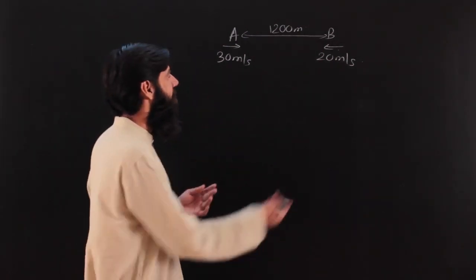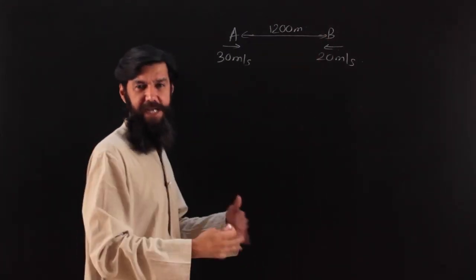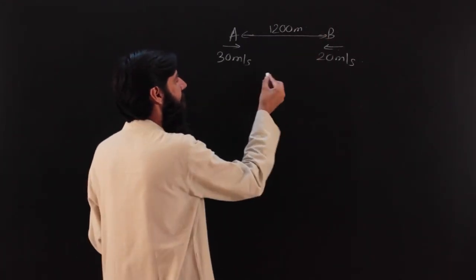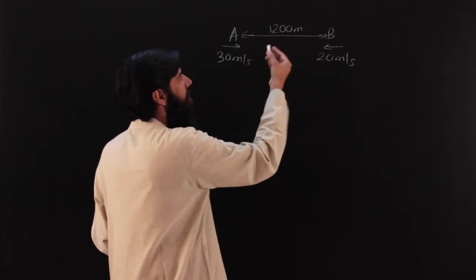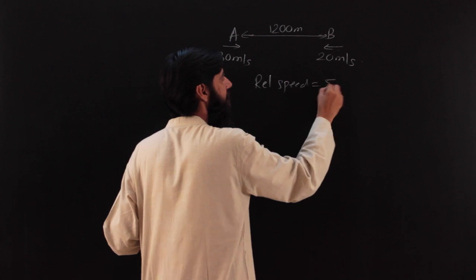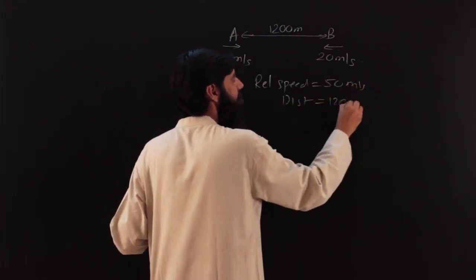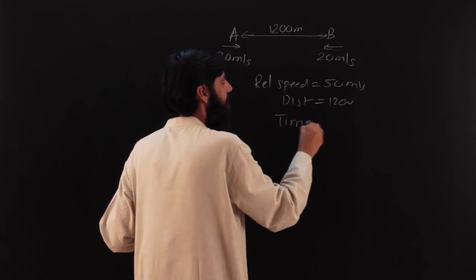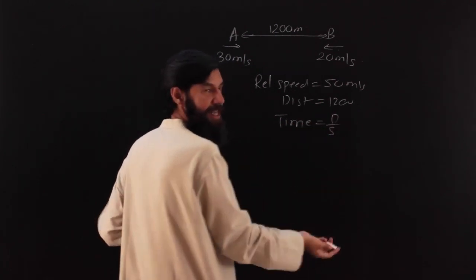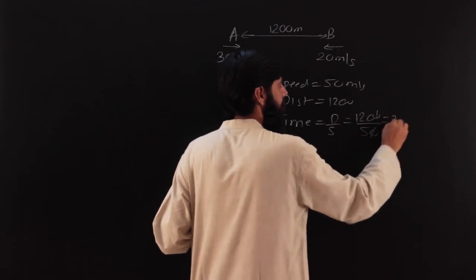Obviously the first guy is going to cover 30, the second guy will cover 20 in the same time. So the relative speed is going to be 50 meters per second. Distance is given and I want to find time. So we just need to apply time is equal to distance by speed. That's it. So they would meet after 24 seconds.